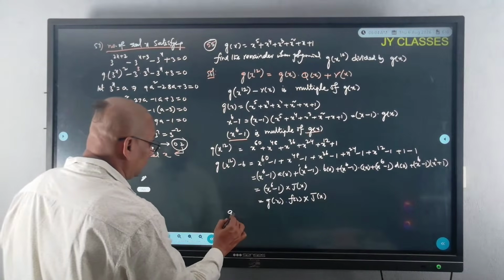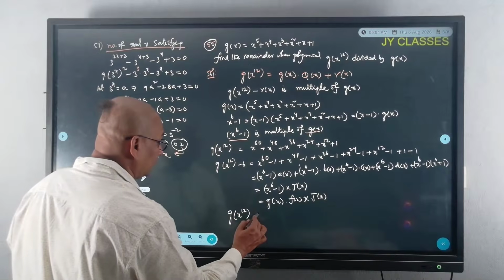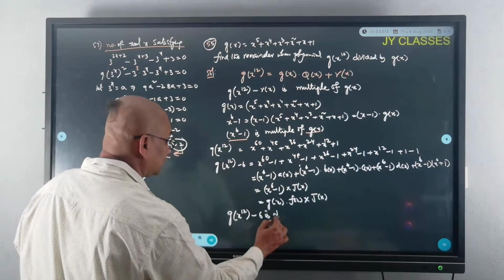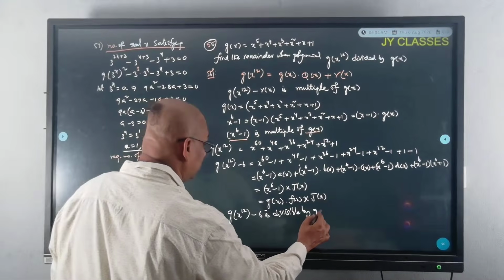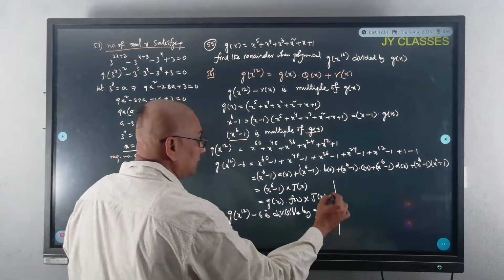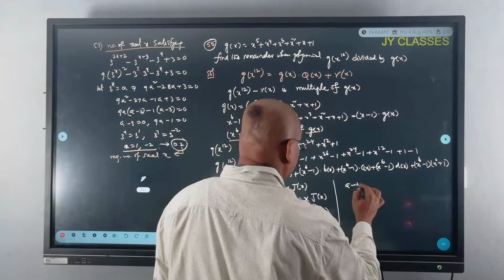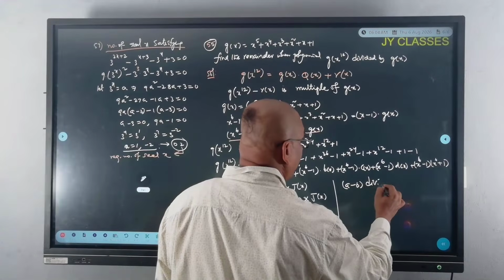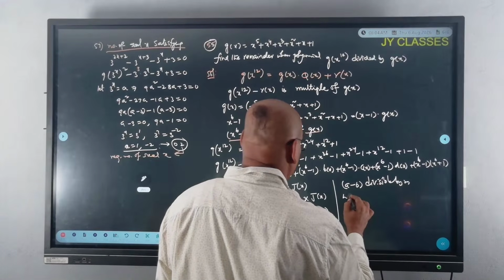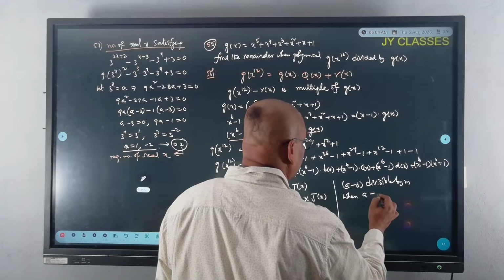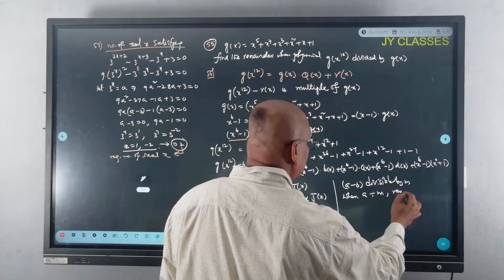Therefore gx power 12 minus 6 is divisible by gx. So a minus b divisible by m. So when a divided by m, what is the remainder?